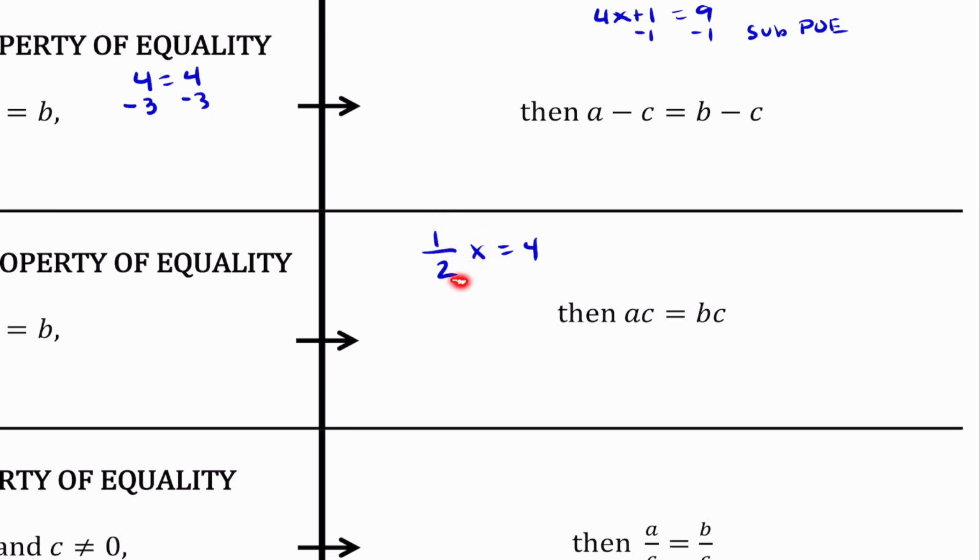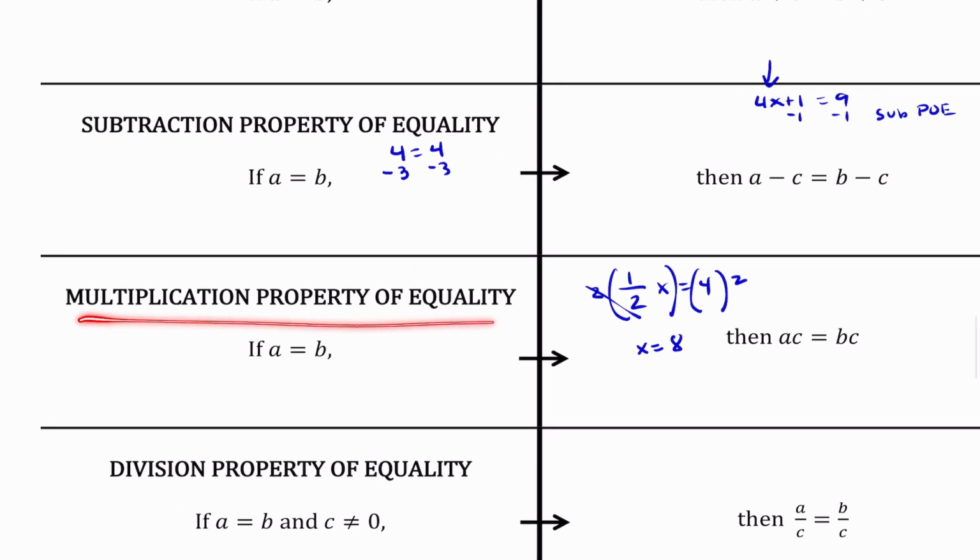And to do that, well, what's the opposite of division? Well, it's multiplication. So I need to multiply this whole term by 2, and whatever I do on one side, I have to do on the other side. So that's going to go away, and then this is going to give me x is equal to 8. So this multiplying by 2 here is the reason, the multiplication property of equality.